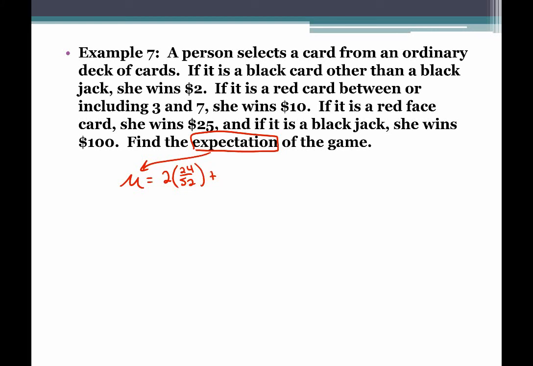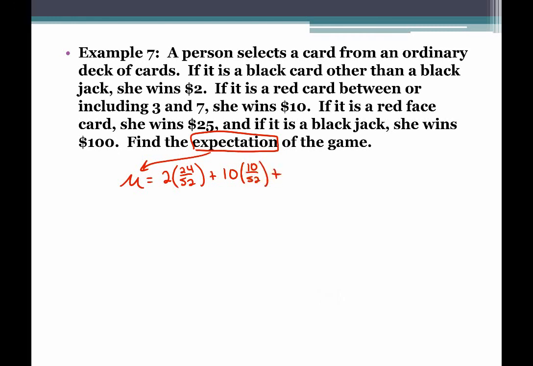Next possible outcome is what? The $10. Yeah, $10. Okay. Now it says a red card between or including 3 and 7. So we have 3, 4, 5, 6, 7. And we have 2 red suits, right? So 10 out of 52.